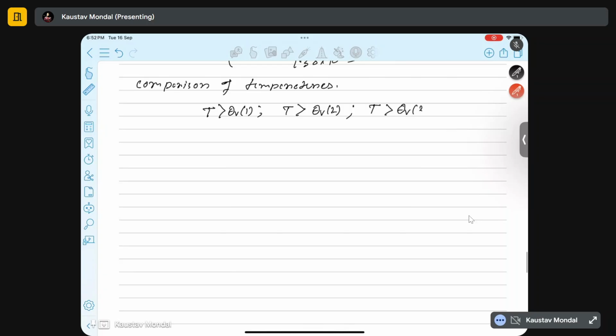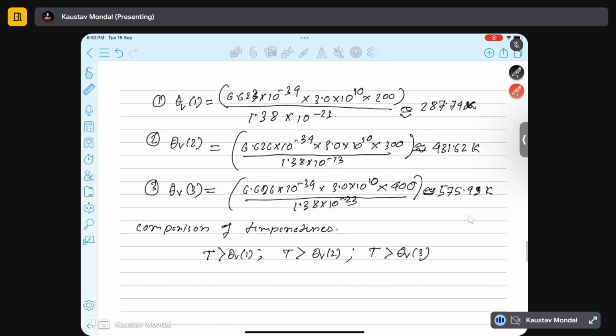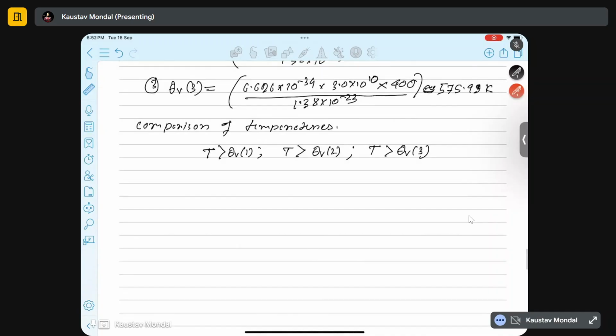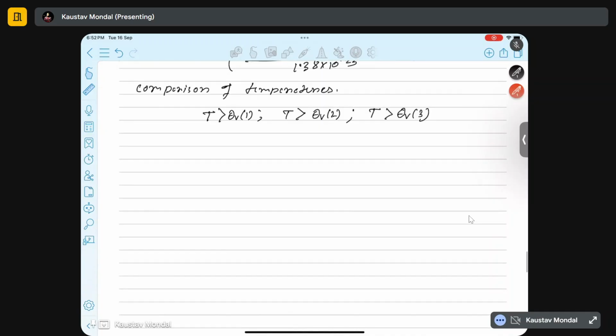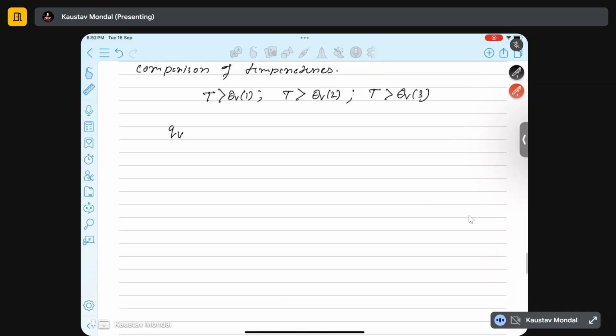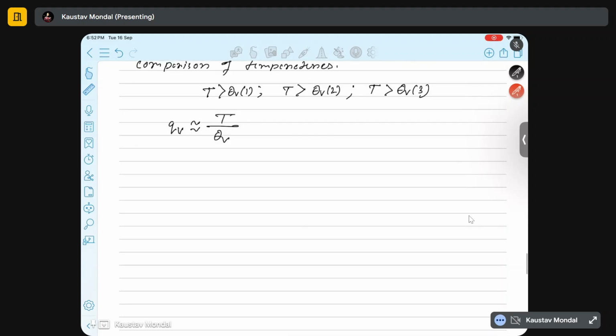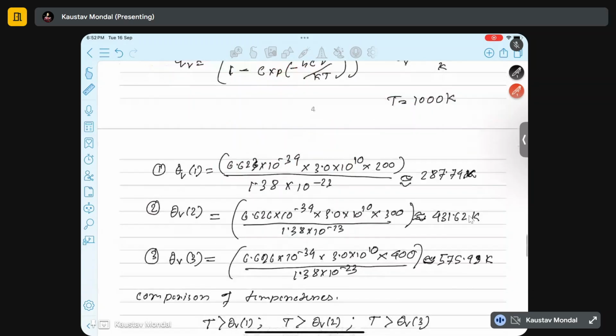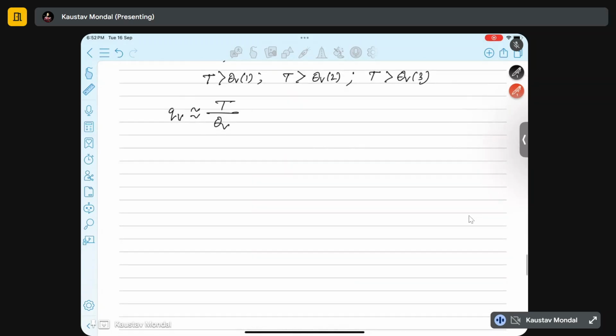For the whole three cases, the temperature of the experiment is higher than the three vibrational temperatures. So that means we can approximate the formula as T by theta V. Therefore this is the high temperature case, and we can use this approximate formula here.